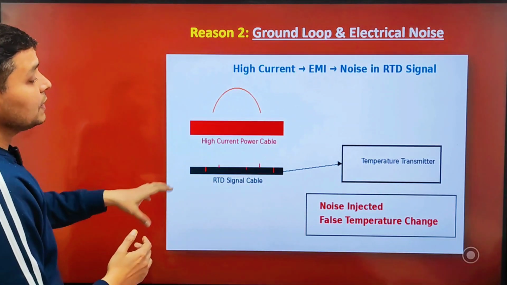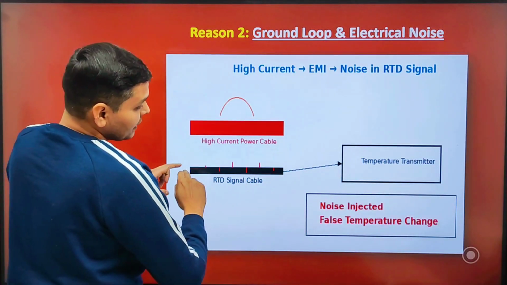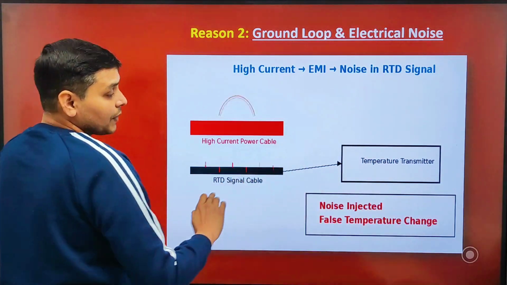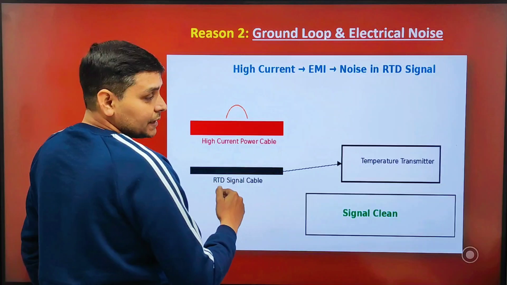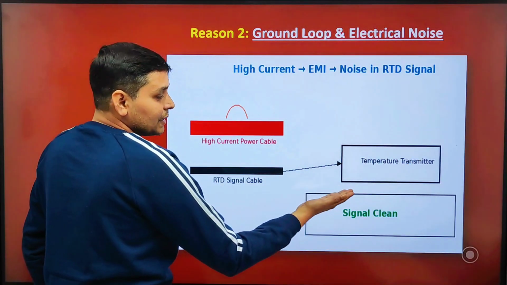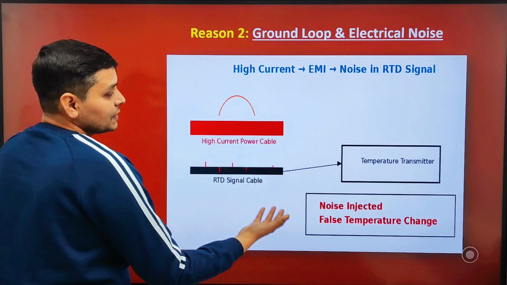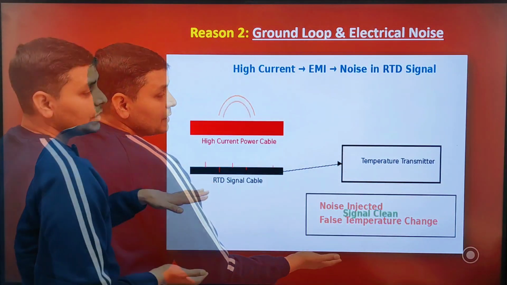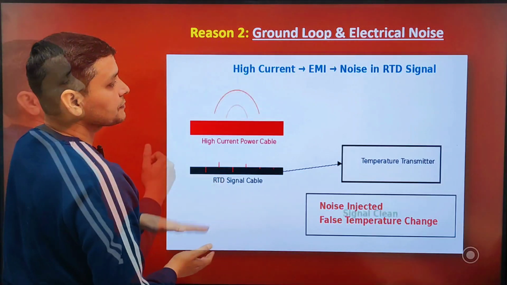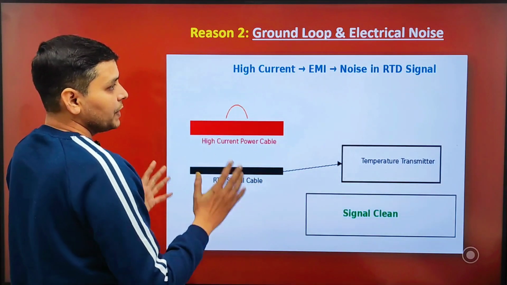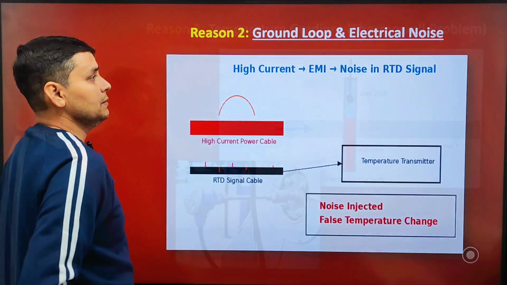Not only this cable, this noise will affect the signal going through this cable. So in that case, the transmitter or PLC, DCS will understand a false reading. Sometimes the signal will be clean and when the noise is injected, it will show a fluctuating reading. To remove the EMI or noise, we will use proper grounding and shielded cable.